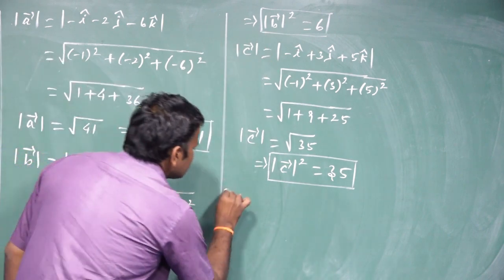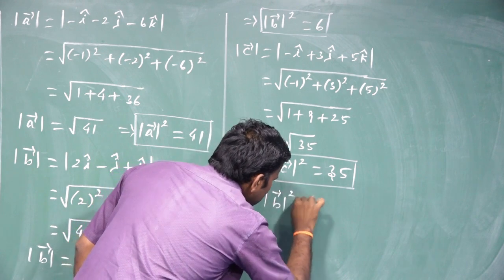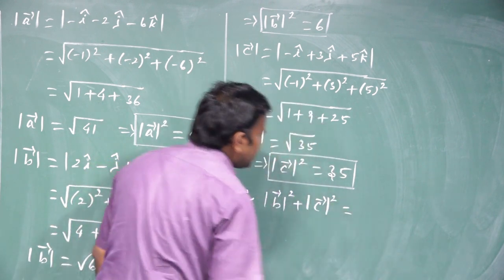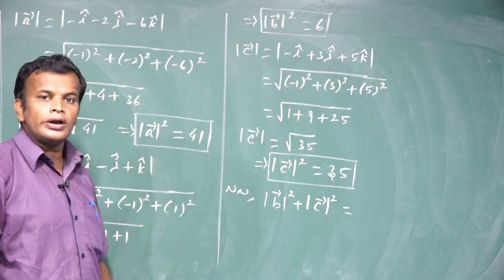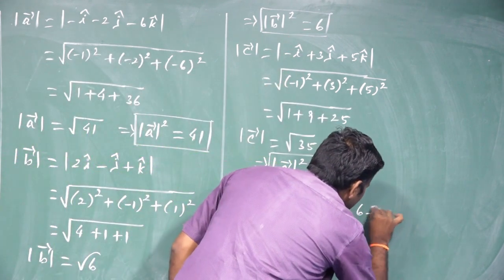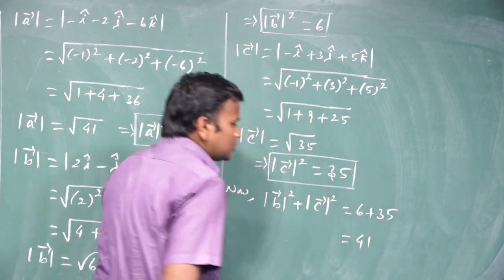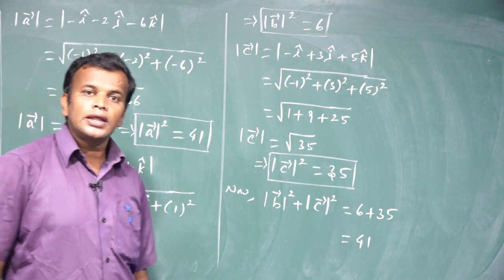So now modulus B vector square plus modulus C vector square. We add these two because these two are small compared to modulus A vector square. 6 plus 35 is nothing but 41, but 41 is nothing but modulus A vector the whole square.